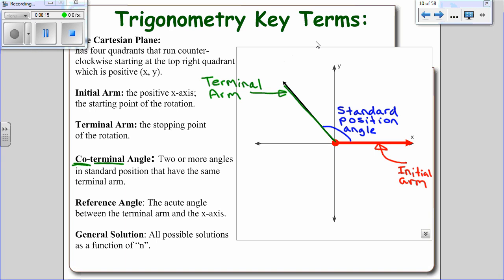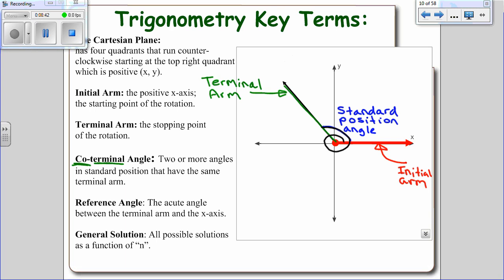I'll do it in black. It could have started here. It could have gone all the way around once. And then it could have gone the rest of the way. That would be a coterminal angle. It would be the same spot where it ends, but it actually did a full 360 plus the other 100.